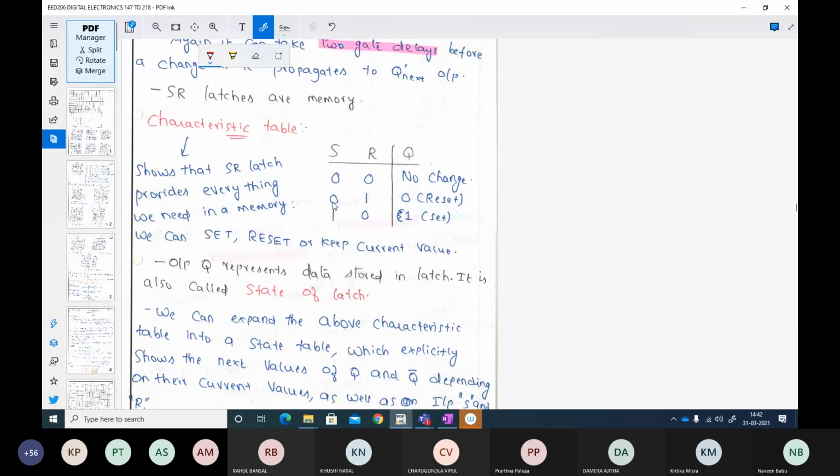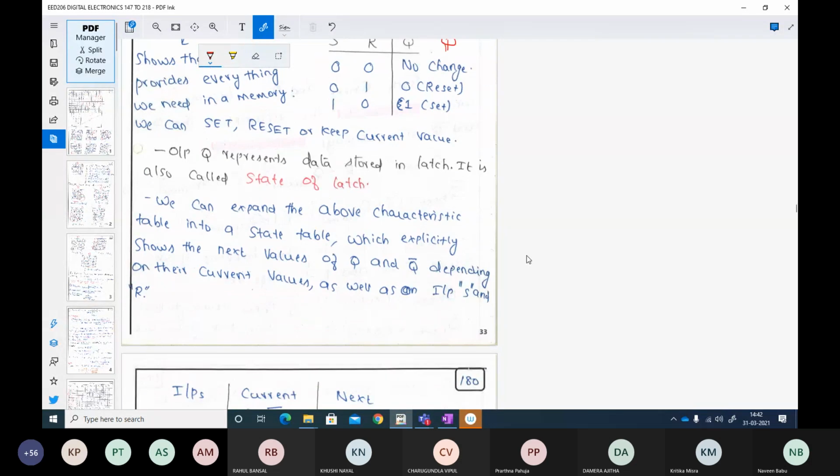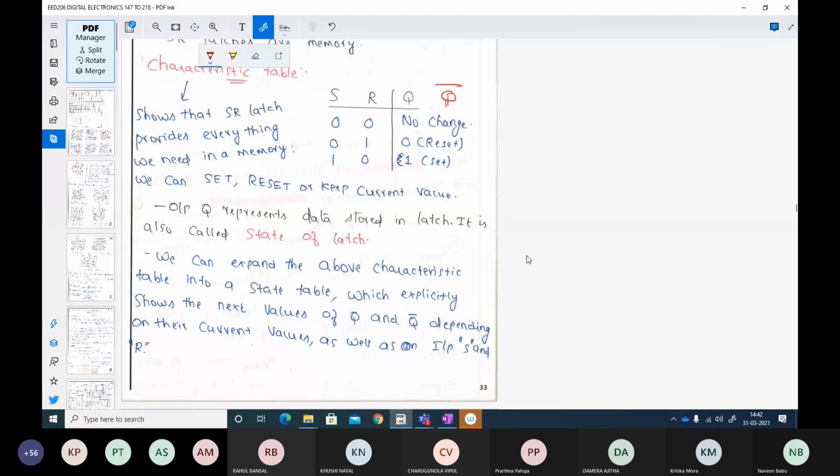When your S and R are 0 and 1, you will have your Q output as 0. Q bar output is obviously complementary, right? So you need not explicitly write it for Q bar. And when it is 1 and 0, your Q will be set to 1 and Q bar will be set to 0. So these are called the states of a latch. This output that you are seeing here, these are called the state of a latch.